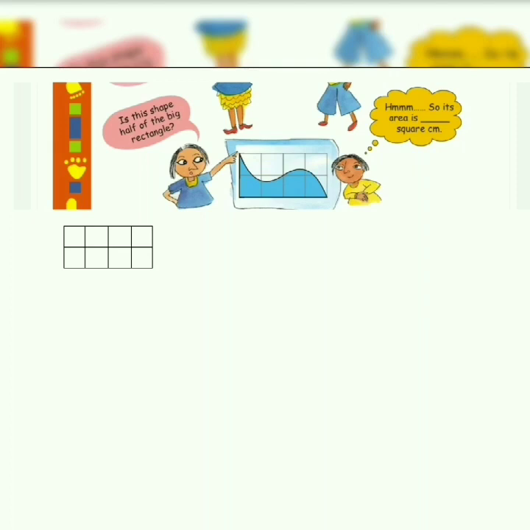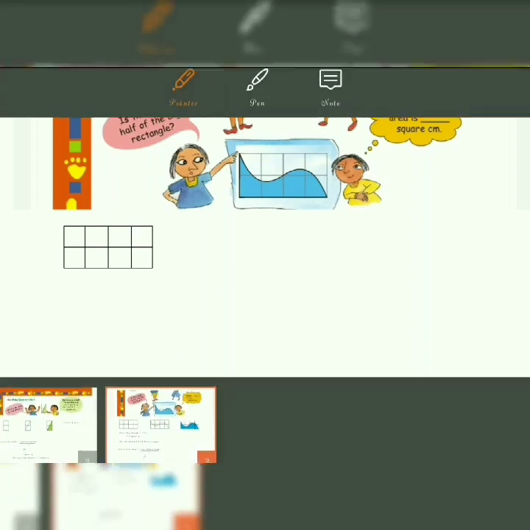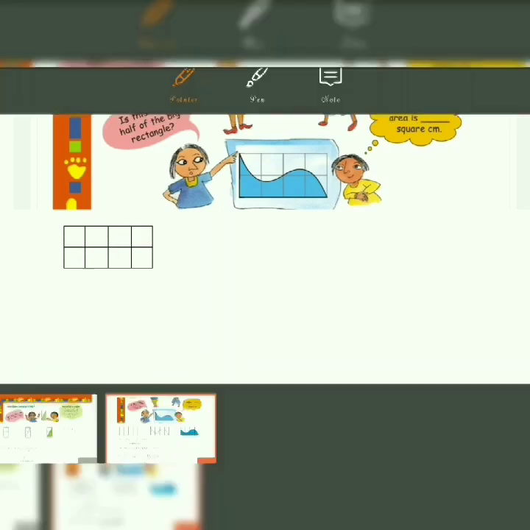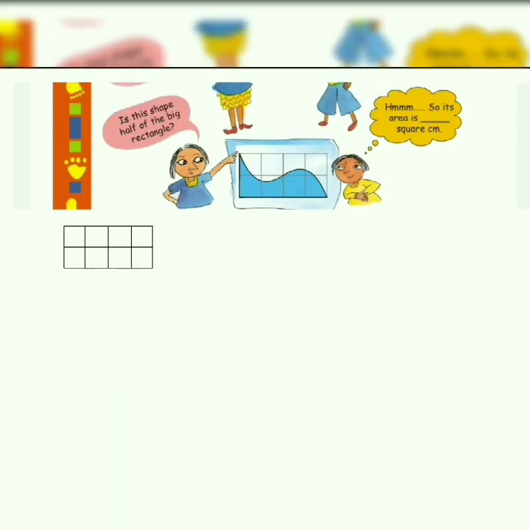Students, first of all, to find out the area of this rectangle, we will count the total number of boxes covered by this rectangle. Okay, so we will count 1, 2, 3, 4, 5, 6, 7, 8.